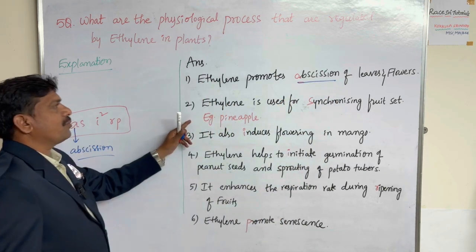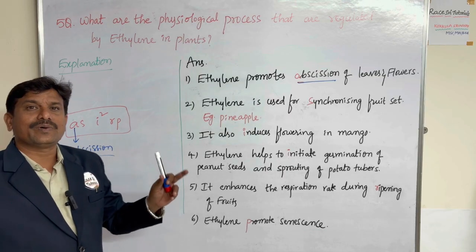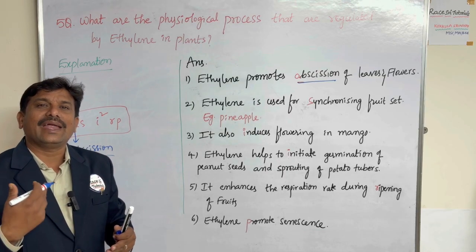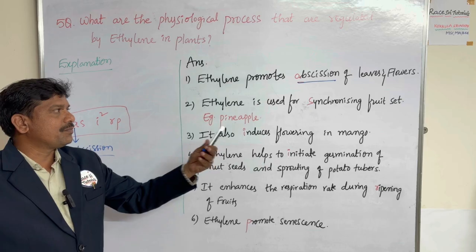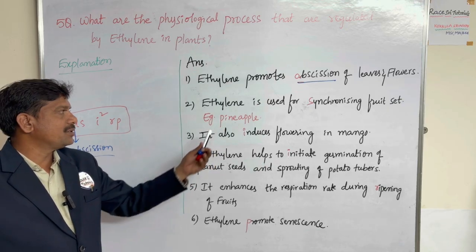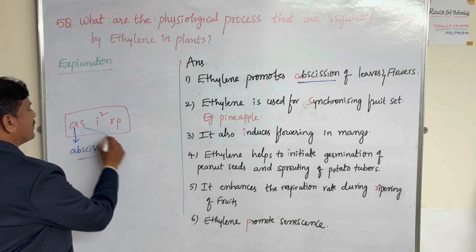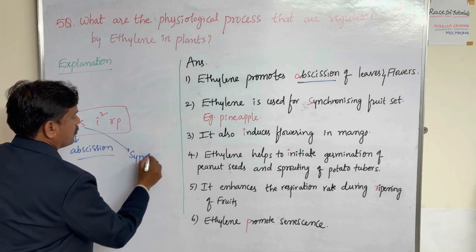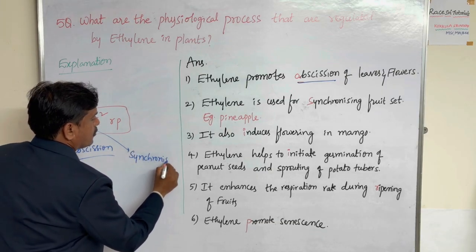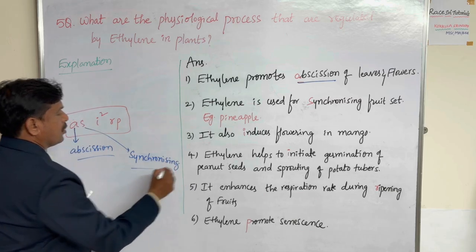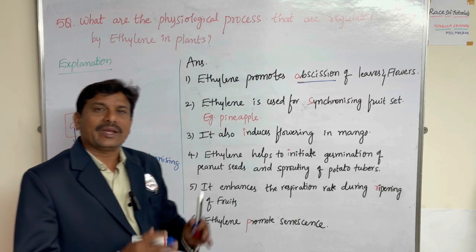The second point: what is that? Ethylene is used for synchronizing or inducing fruit set, which is useful. The best example is pineapple. Synchronizing means inducing.